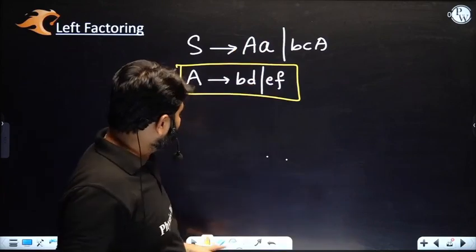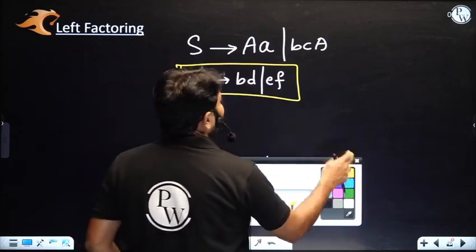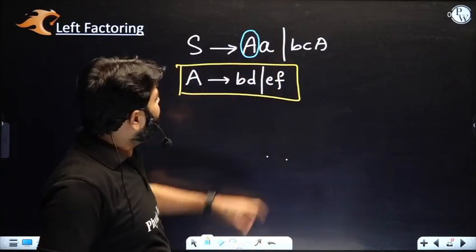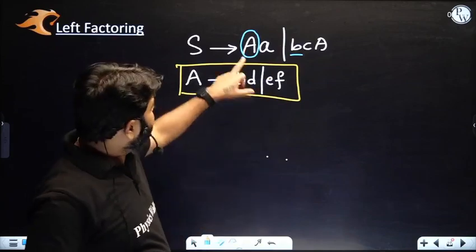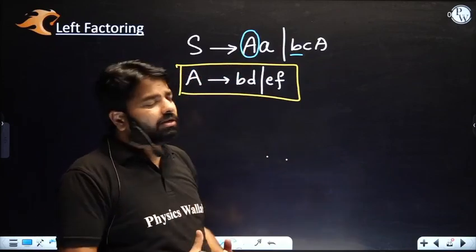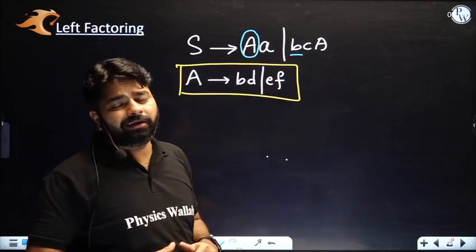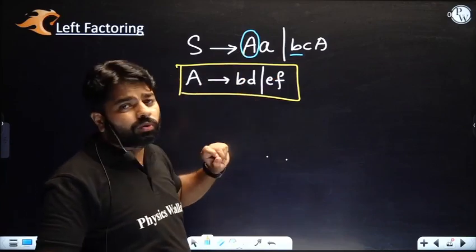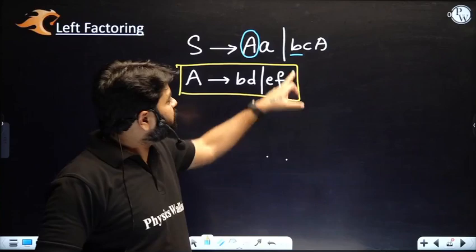But what happens when in the first place there is a non-terminal? First you take care of substitution. Here you need not substitute, but here capital A, what does it give? How can I compare this B with capital A? Directly you can't, but indirectly, when you substitute capital A with these two, you may get the small b there.